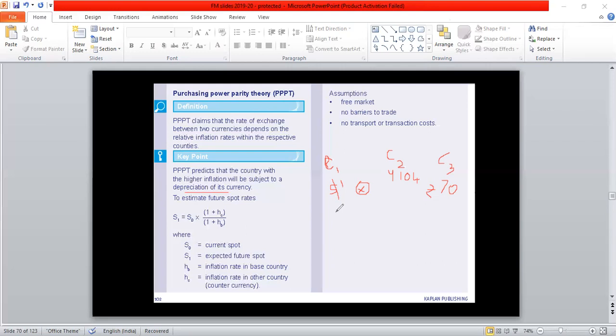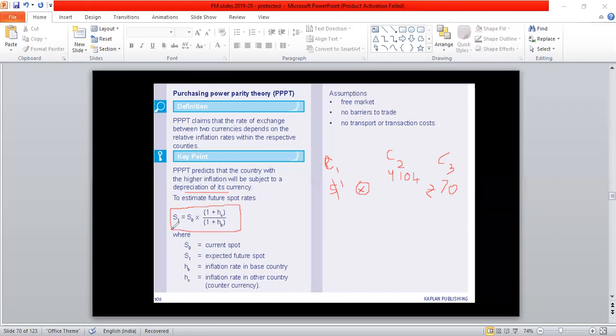So to estimate future spot rates, there is a formula. Learn this formula. S1 is the expected spot rate. Based on what the rate would be in the future, they enter into an agreement, isn't it?